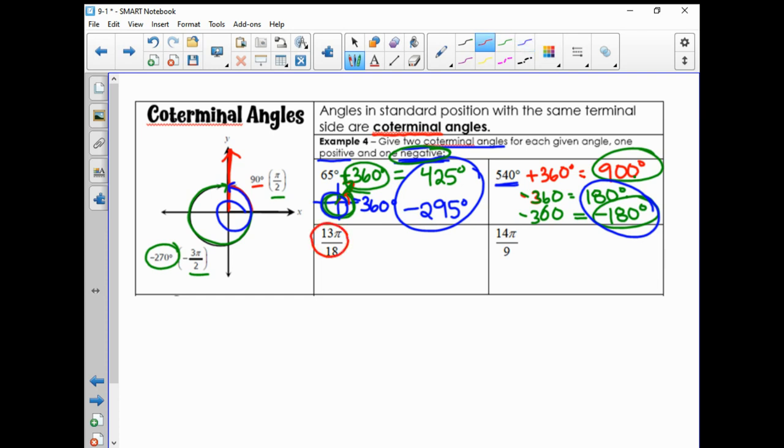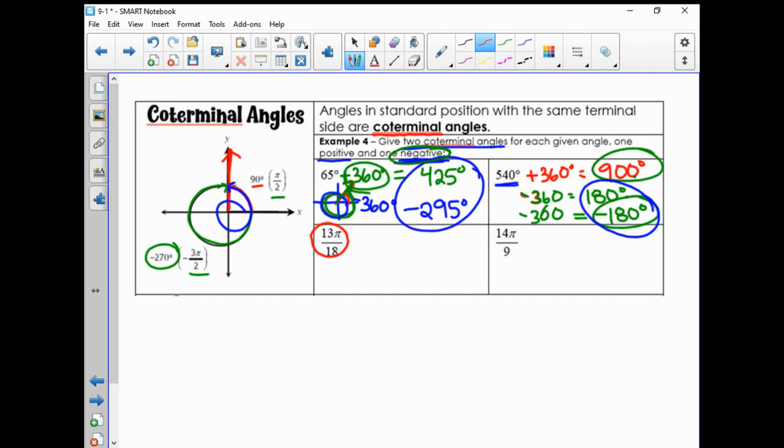Now most of my students, I know this is still brand new. We just barely introduced radians to you, and now we're trying to get you to use radians. It will get more familiar, but for right now, I know a lot of you are still a little bit new to this. I have had students that just changed it into degrees and then add 360 and subtract 360, and that's fine. If you want to do that, go ahead and do that.